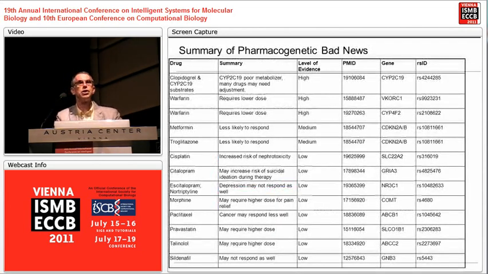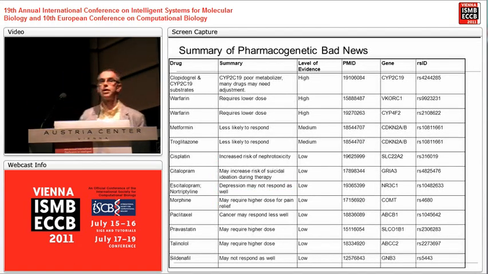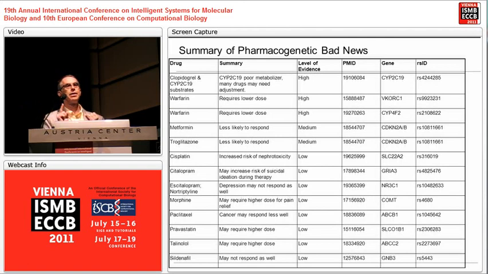Now, I just want to summarize 3 tables. Pharmacogenetic bad news, which I'm sorry you may not be able to read, but these are drugs for which he would be expected to have a higher chance, versus the average population, of side effects, of the drug not working, or of a difficult-to-predict dose.